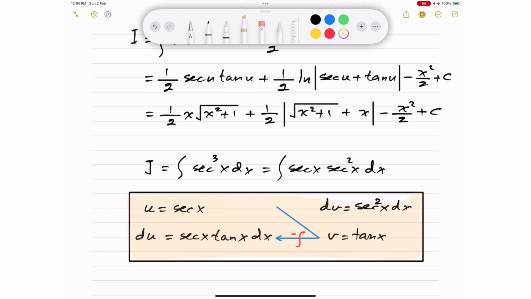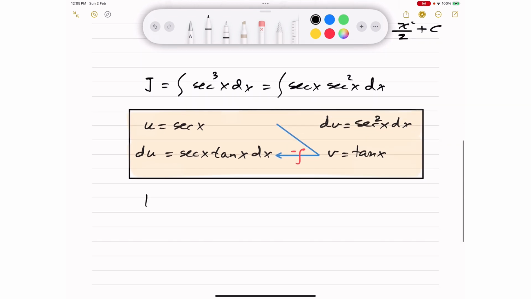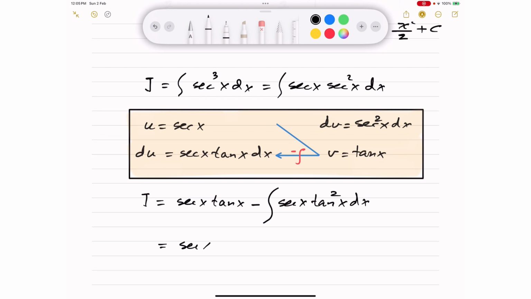So for this second integral, j is going to be equal to secant of x, tangent of x, minus the integral of secant of x, tangent squared of x dx. Now the first term wouldn't change.